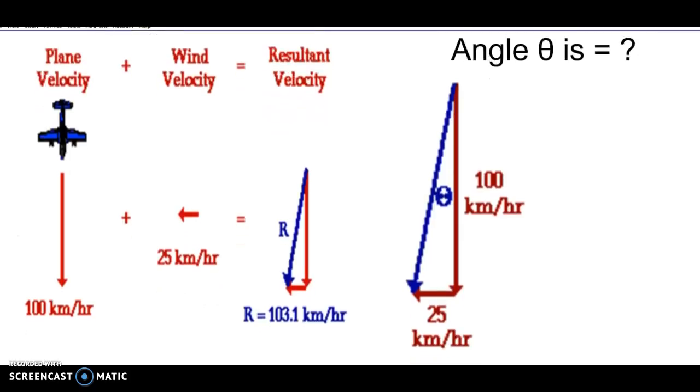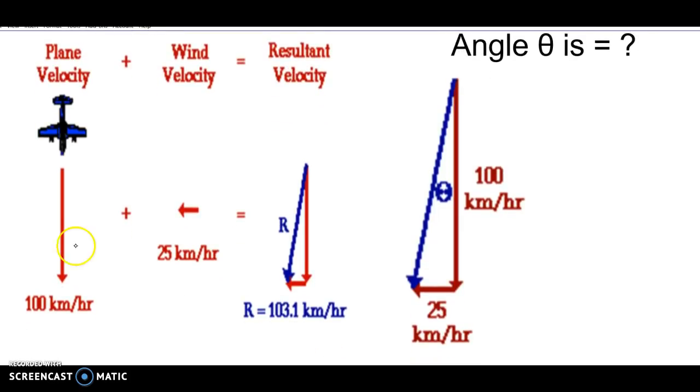Now note that if I call this Vy, since it's vertical, and I call this Vx, these are our components to make the resultant vector, which we could call Vy plus Vx, right?